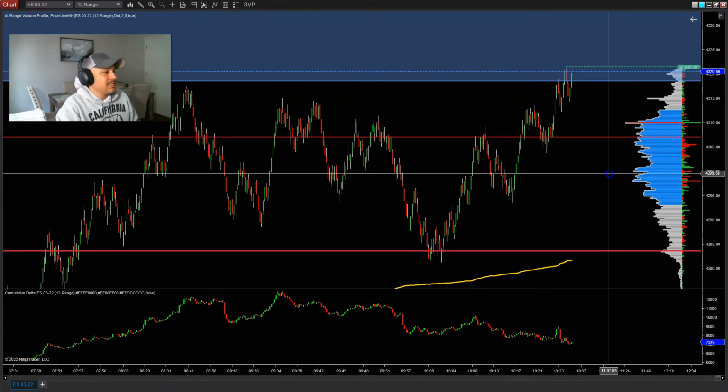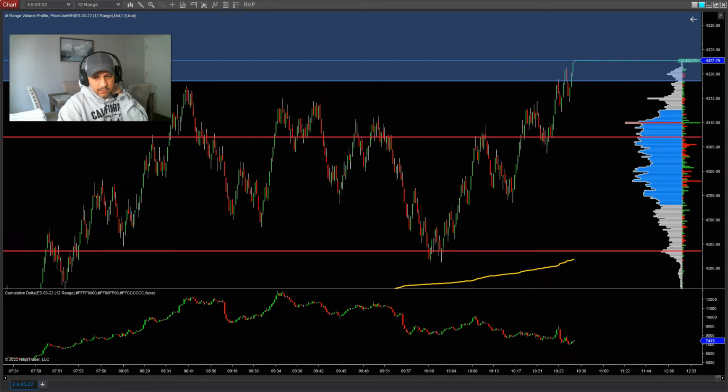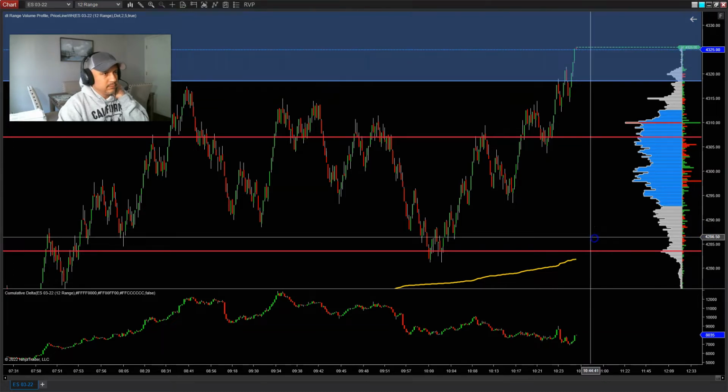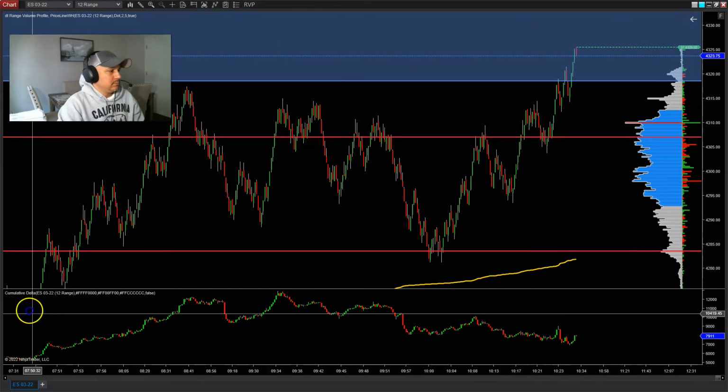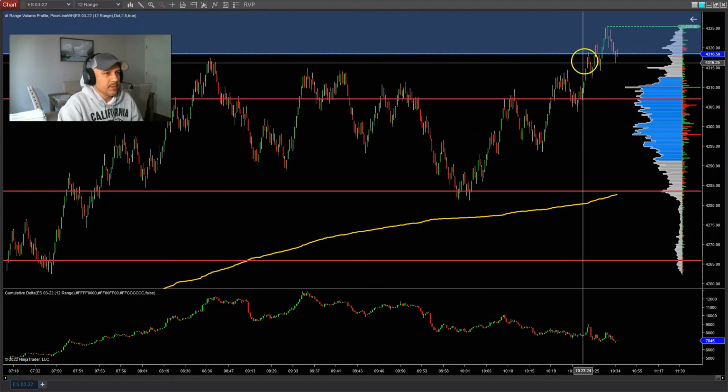But we have to be mindful, like I said, because we are hitting that area of supply off that 1 hour. So let's see what happens. So we just see price push up a little higher here.